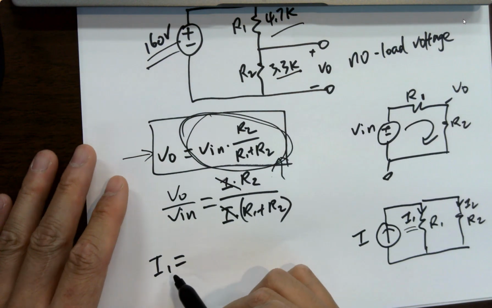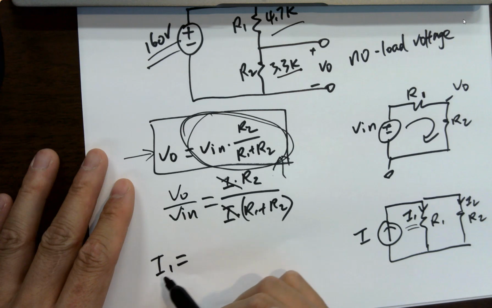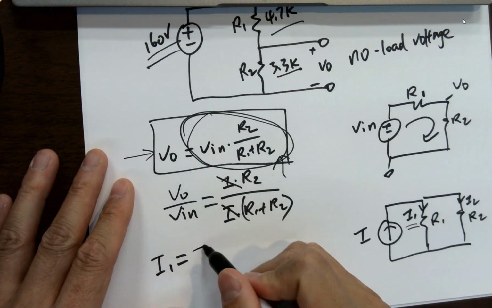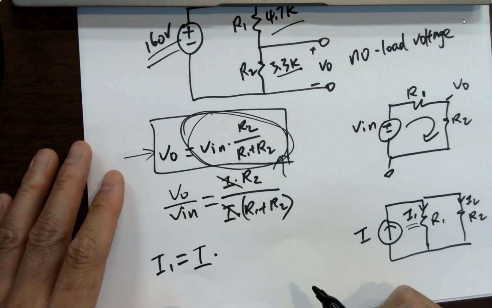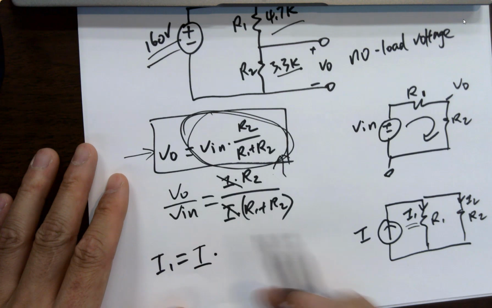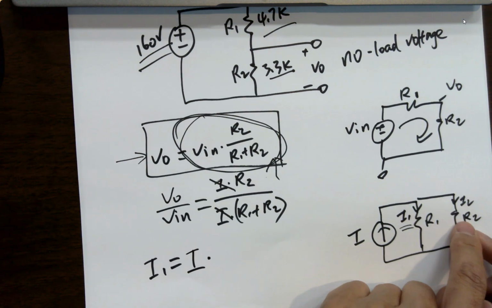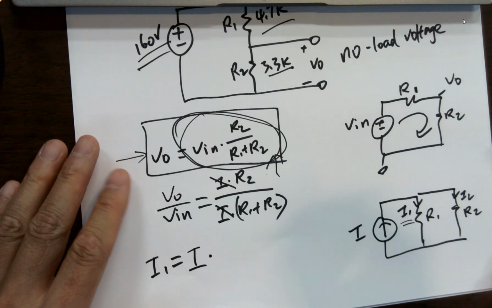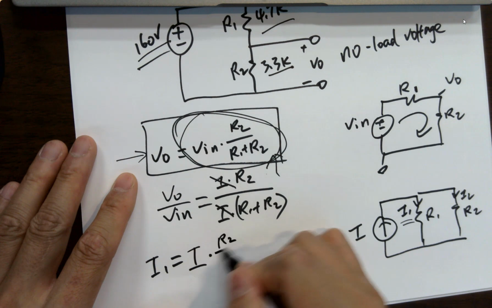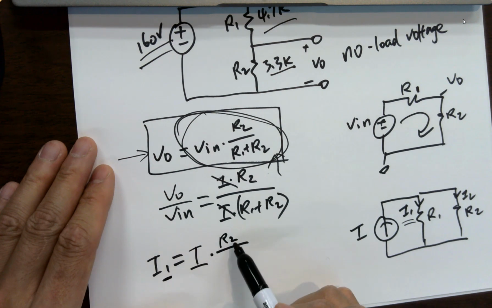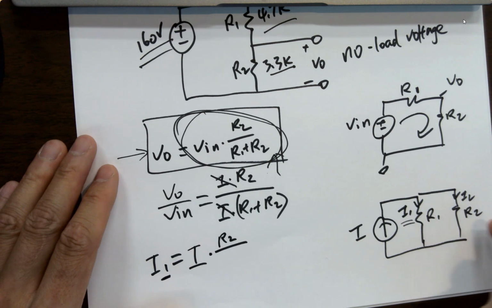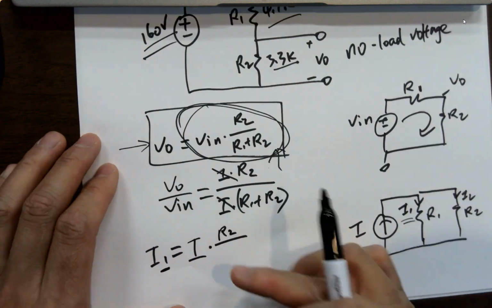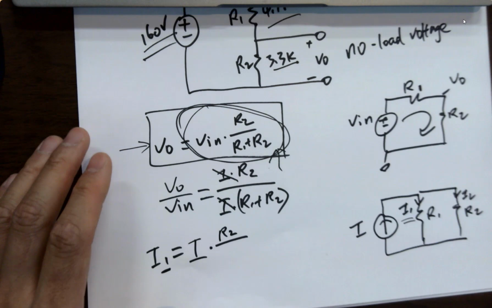So for the current divider, it is I1 equals the total current times the other resistor's resistance. I'm going to rederive it very quickly. So for I1, you have to put R2 on the top. In this case, we can do this because we only have two resistors. If it's three resistors, it will be a different situation.